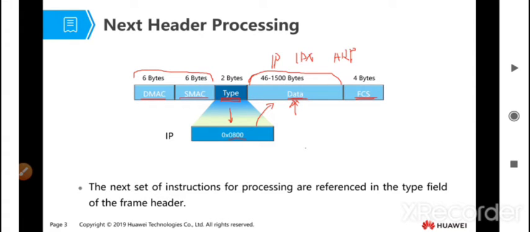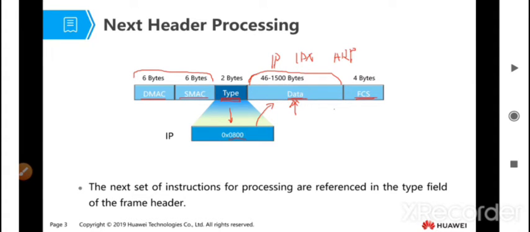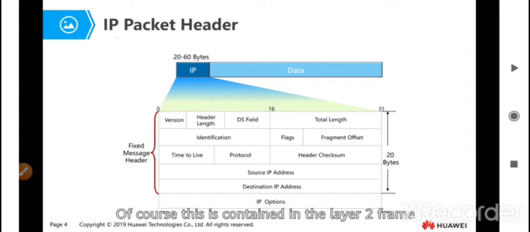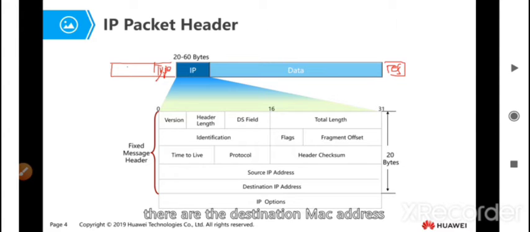Then what is contained in the IP packet? You can see, this is the IP packet. Of course, this is contained in the layer 2 frame. This is the FCS, and this is the type. Before the type, there are the destination MAC address and the source MAC address.